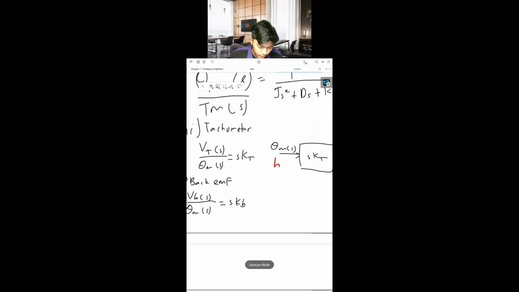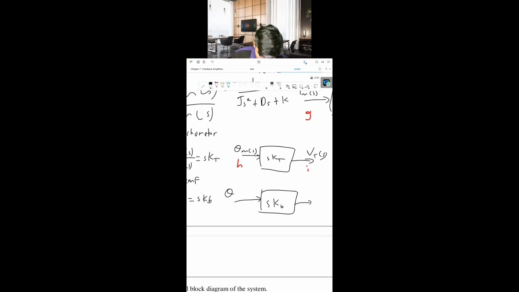Alright, I'm going to draw the block diagram: s K_B, from delta_M(s) to V_back(s). So we label it with H and J.